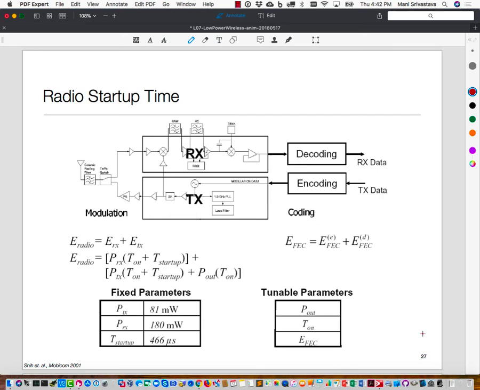Now if I'm looking at devices which have to send tiny amounts of data, like every so often they wake up and send out a sensor reading, then T on is small because I'm sending few bytes. So the startup cost really becomes a higher percentage overall. You can think of it in similar terms as a preamble: anything which is not the payload is essentially overhead.